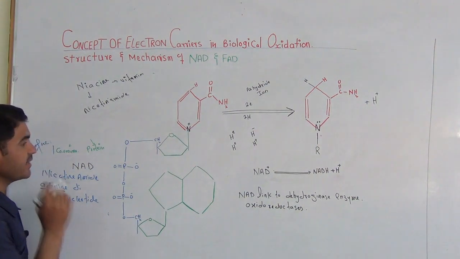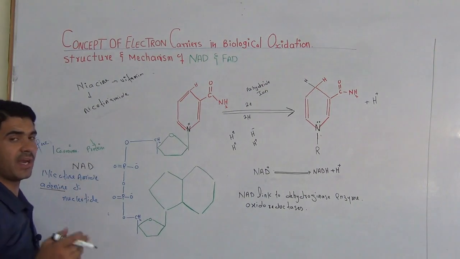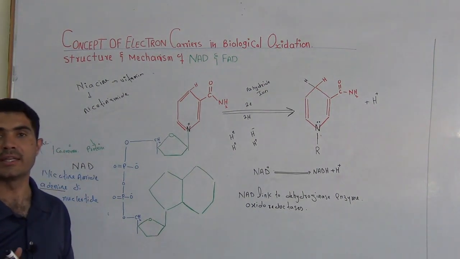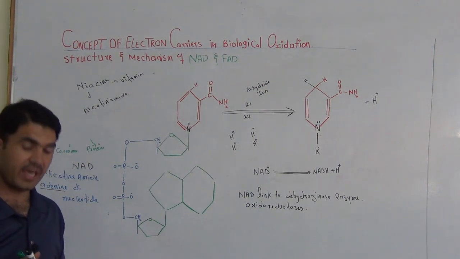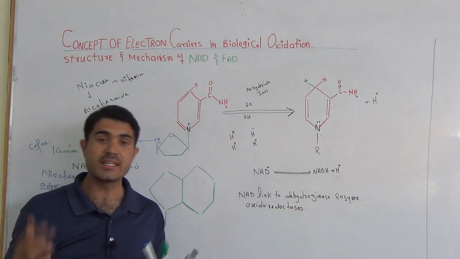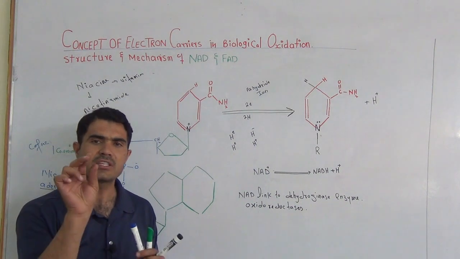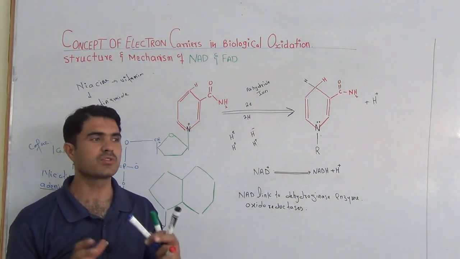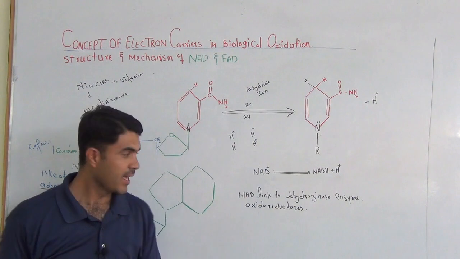And then we have adenine. What is adenine? Adenine is a nitrogenous base we have discussed in the lecture on DNA. Inside the DNA molecule, there are very small units that are linked together to form a long chain.